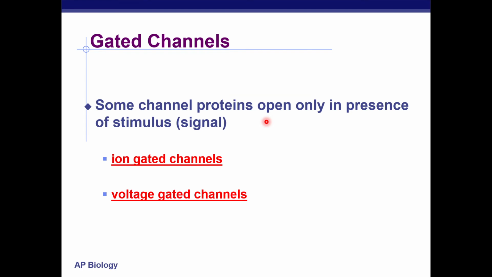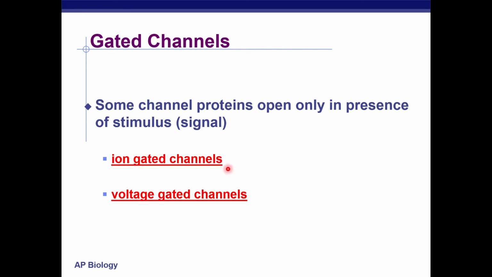All right, so some of those proteins that act as channels, they're only going to open in the presence of a specific signal. Ion-gated and voltage-gated, these are basically gates on the top of that protein channel. So it keeps that protein channel closed until the stimulus causes that little door or gate to open.